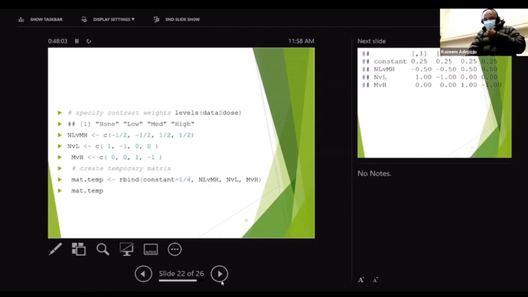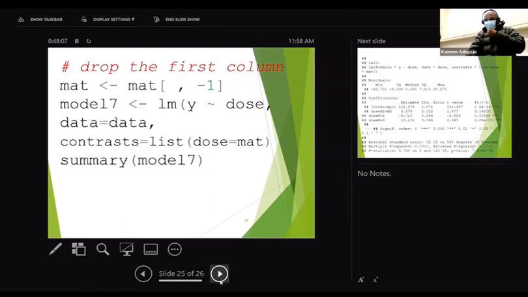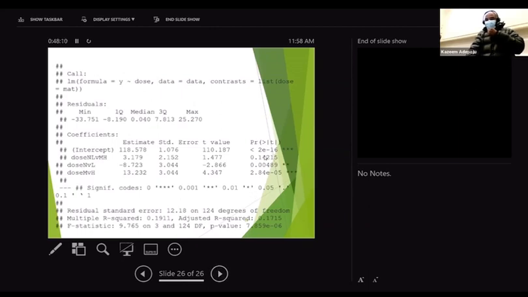The p-value is 0.14215. It's greater than 0.05. What does that mean? There is no significant difference between none and low and medium and high. That's what it's saying.